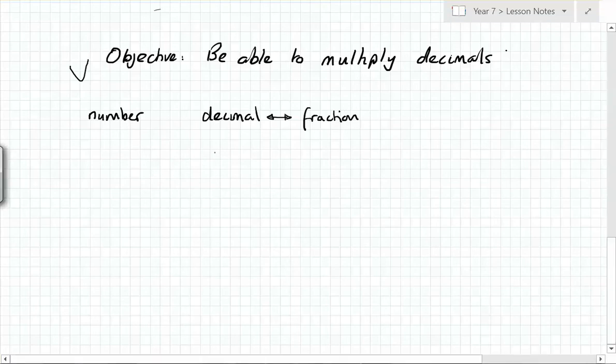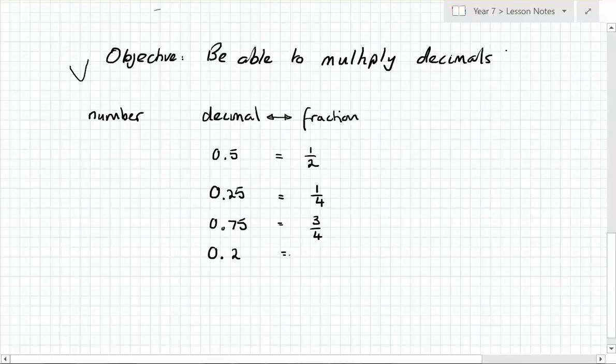So for instance, some that you know, 0.5 is the same as 1 over 2. 0.25 is 1 over 4. 0.75 is 3 over 4. 0.2 is 2 over 10, or 1 over 5.